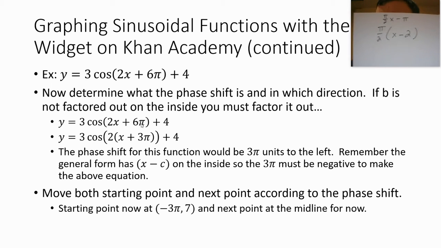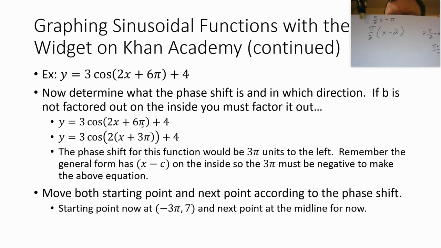So I did a little bit of work off to the side. I know pi over 2 times something, I just made it z, that was just a random variable I picked. I know pi over 2 times something has to equal negative pi. So by solving for that something, the z, I figured out that it had to be negative 2. So it factored as pi over 2 times x minus 2.